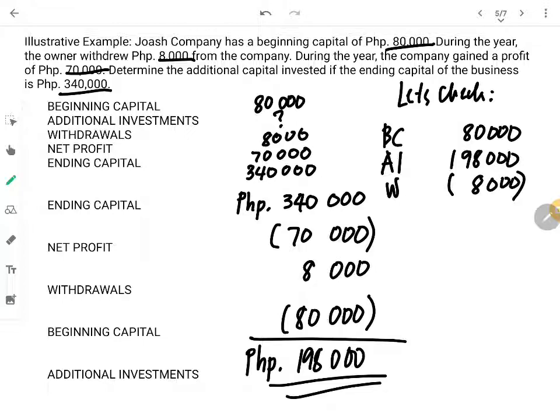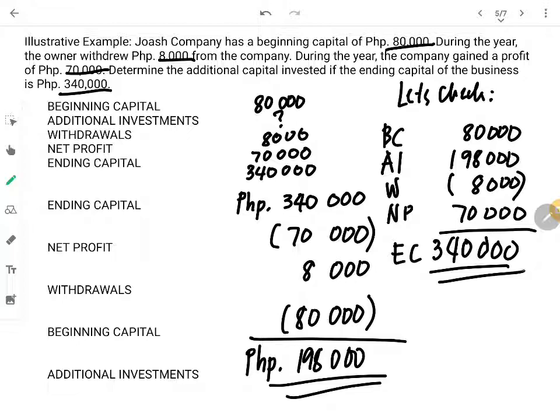Tapos, net profit, 70,000. Ilan yung ending capital? So, tingnan natin. So, 0, 0. So, 80, 0. 9 plus 7, that is 16, 24. Carry 2, that is 340,000. So, correct siya.